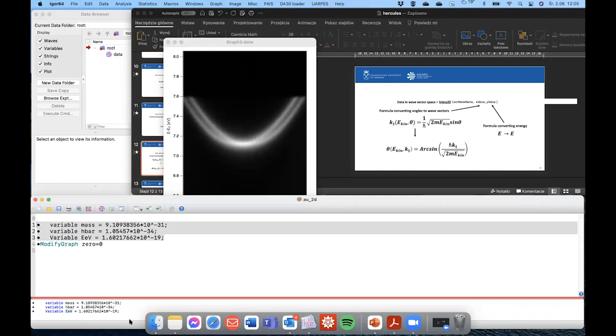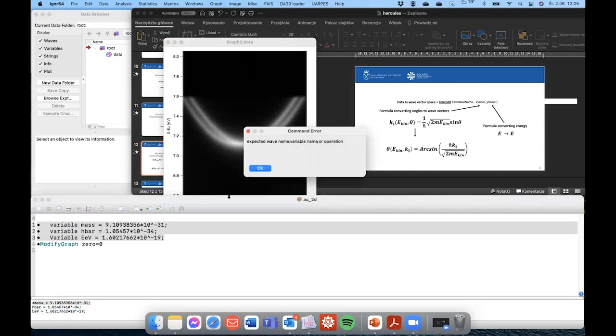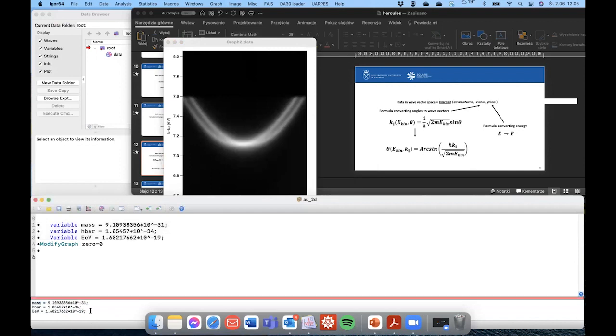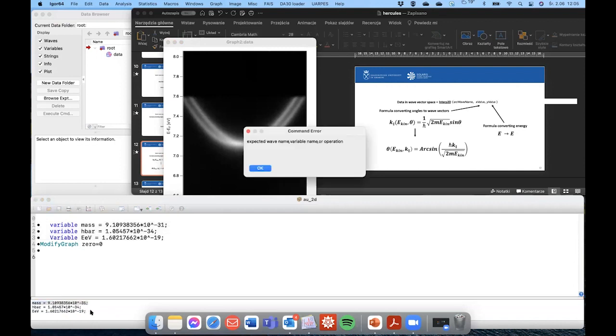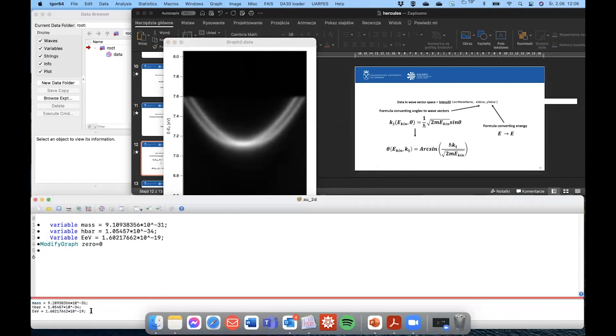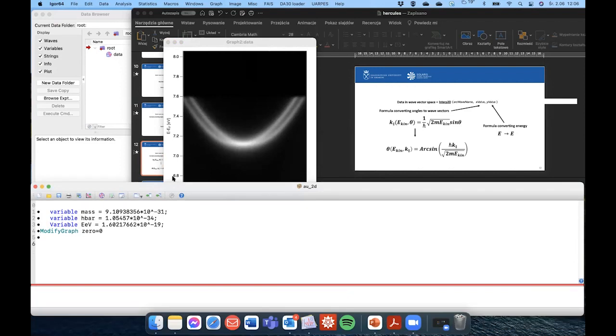So let's define these variables. Yeah, that should work.